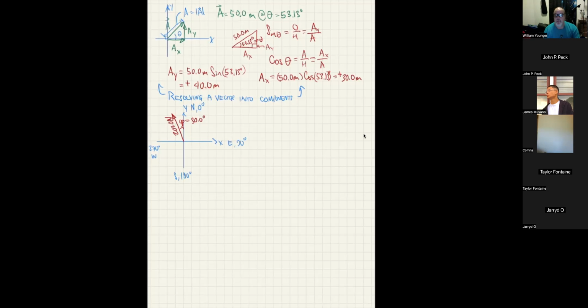So that's a whole other way I specified a vector. I could say vector B is equal to 200.0 newtons at 30.0 degrees west of north. Everybody see how that's west of north?